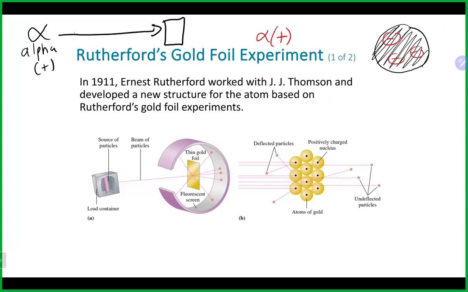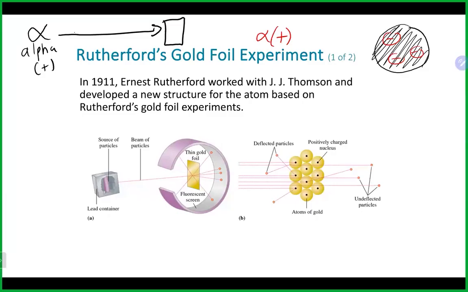So, what they thought would happen would be kind of this. We're shooting something positive at something that's ultimately positive, which means they should repel each other, except that the positive charge is spread out all over, right?